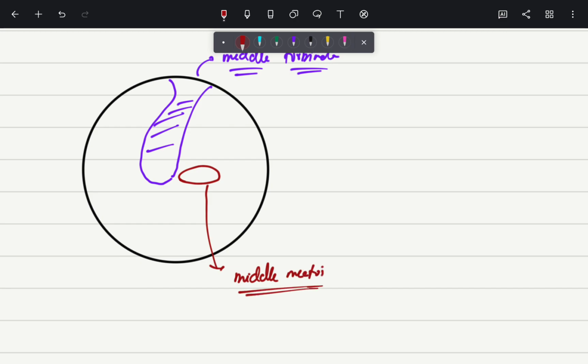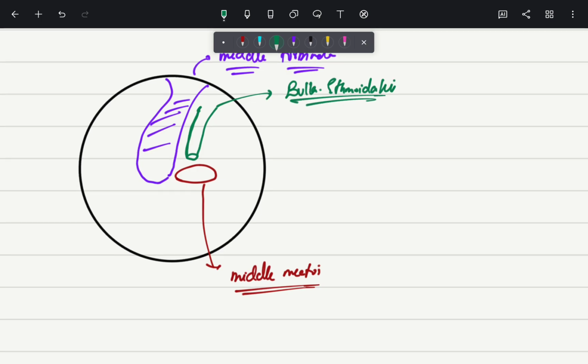What are the structures draining here? I already told you that one of the large air cells is called the bulla ethmoidalis. The green color thing here is the bulla ethmoidalis.